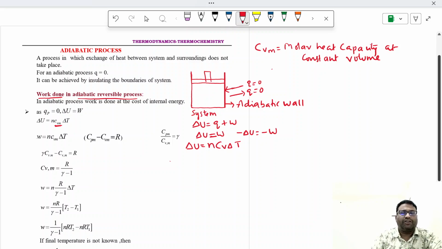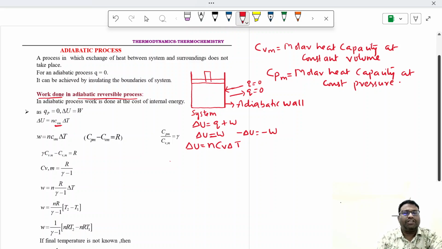If we come across CPM, M just represents that it is calculated for 1 mole, molar. So molar heat capacity at constant pressure.